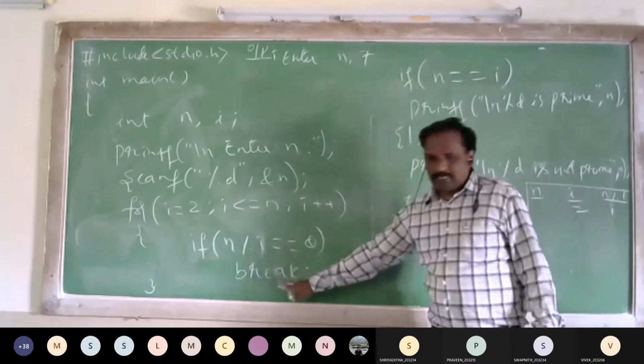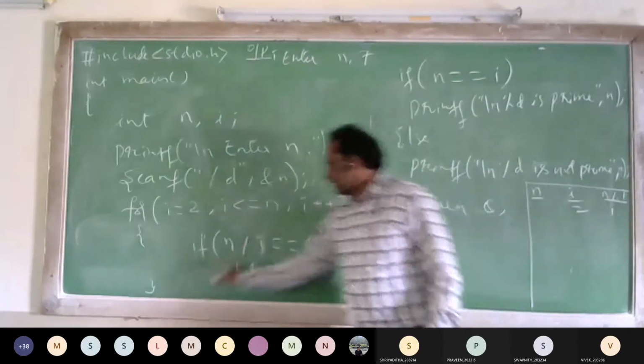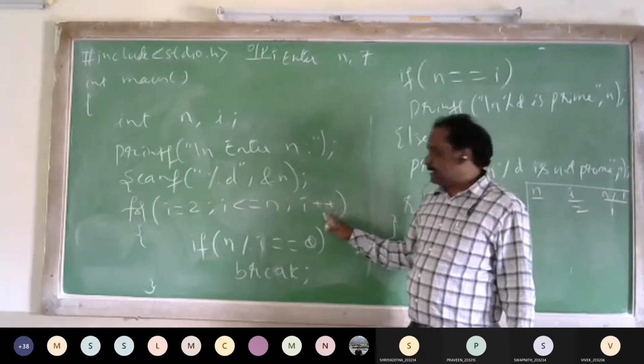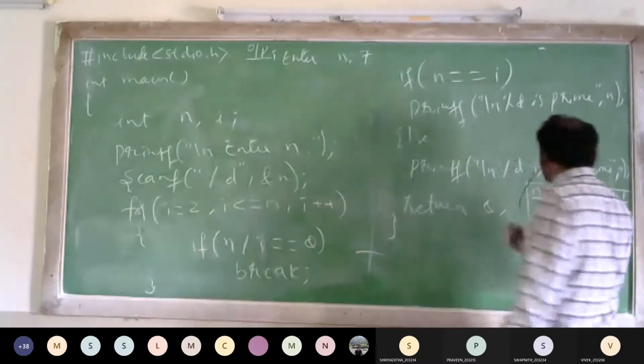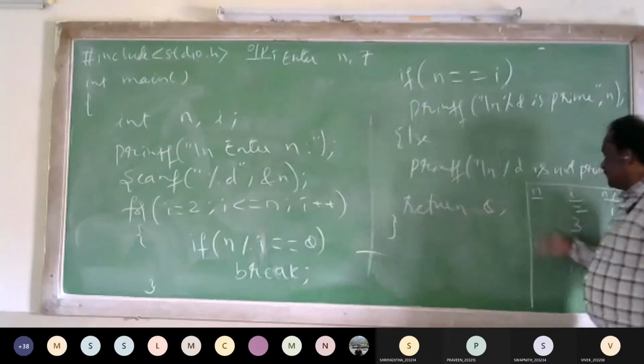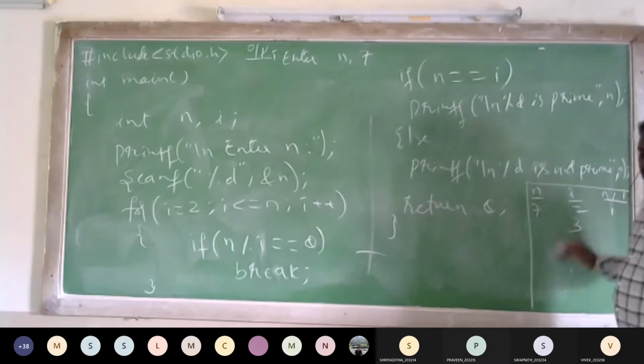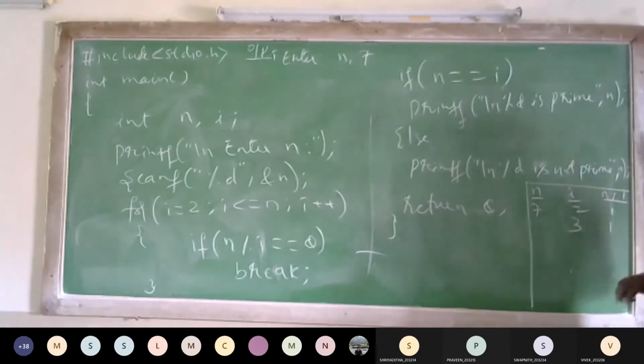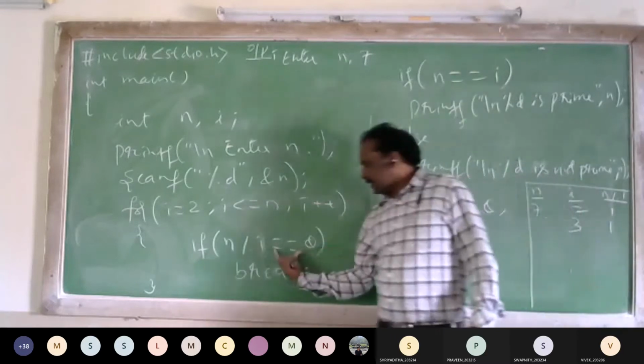1 means this statement is not executed. Here no more statements are there. Control will come here, i plus plus. What is the value of i now? 3. 3 is less than or equal to 7. Now, what is 7 modulus 3? The remainder is 1, so it is not equal to 0.